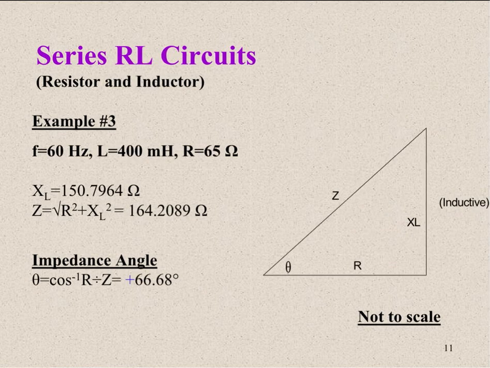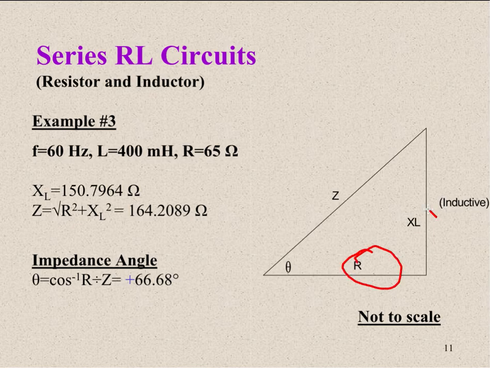Okay, skip ahead, do an RL. I'm just picking and choosing my slides. I'm not going to use them all, so we'll end on this one. Series resistor inductor, line frequency 60 hertz, 400 millihenry inductor, 65 ohms. Draw the impedance triangle. So this is going to be 65.